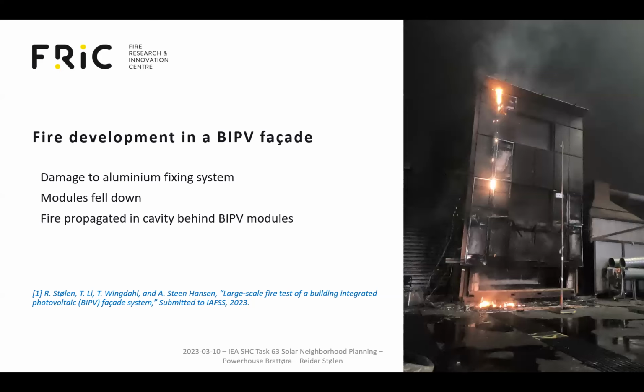And on the other side of the facade, the fire was not propagating above this level here. So yeah, that basically shows something that can happen in a fire in a facade with PV modules.